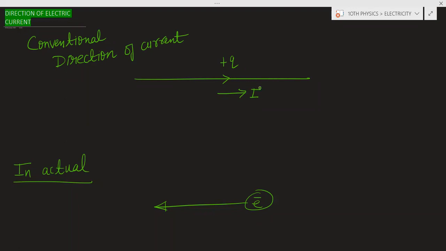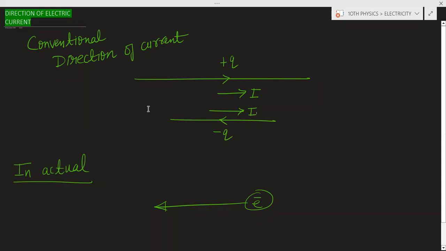And if the negative charge is moving in this direction, then the direction of the current will be opposite to that of the negative charge. In conductors we have electrons, and the electron is moving in this direction, but we take the direction of the current in the opposite direction.